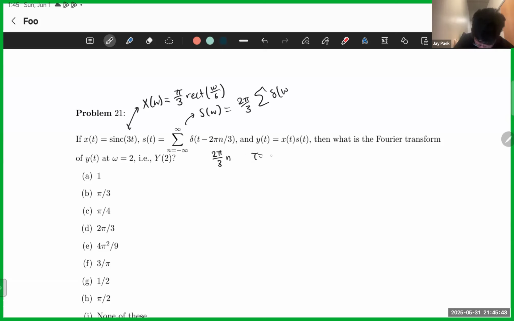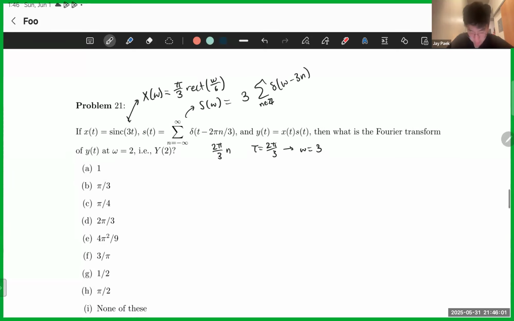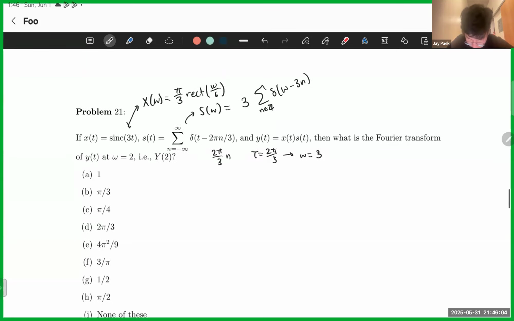So T is equal to 2 pi over 3. This means that omega naught is equal to 3. So this would be 3 times an impulse train spaced out by 3, n in the integers. Yes, okay, perfect, thank you. I just caught that.